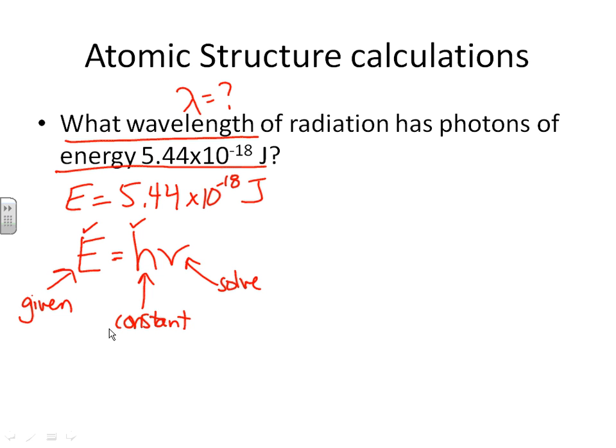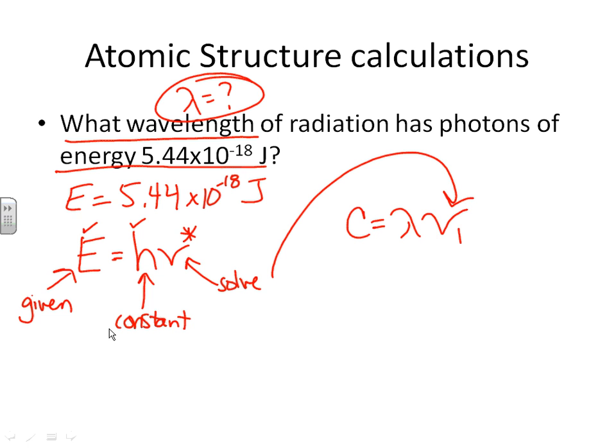What good is that going to do me? Think about it. I'm trying to get wavelength. We have a second equation that says c equals lambda nu. Now, I do not have nu provided to me in the problem, but I can calculate it. If I calculate nu here, I can then plug it in here, and I'll have that nu value there.